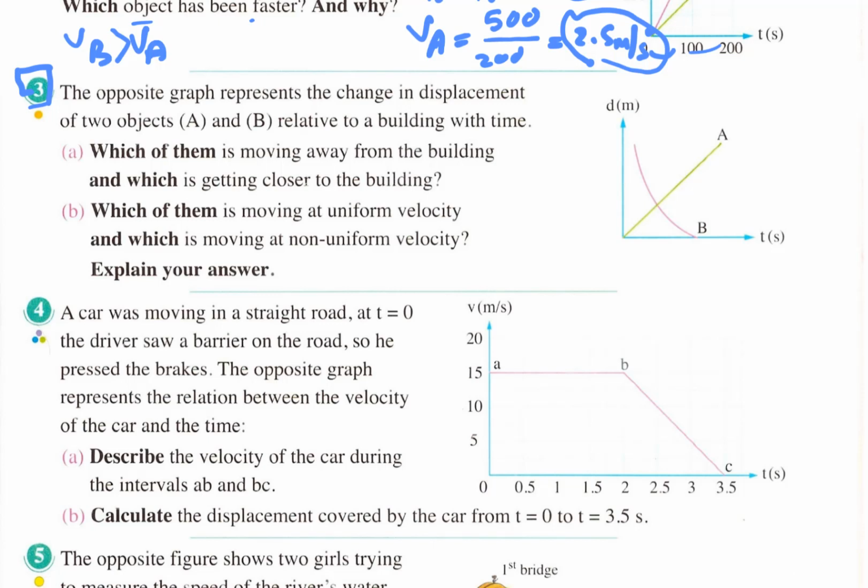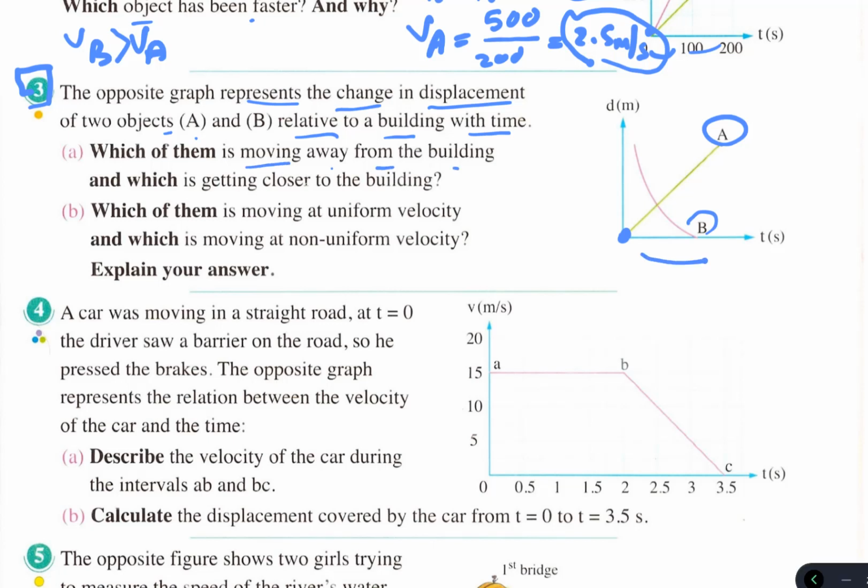The opposite graph represents the change in displacement of two objects A and B relative to the building with time. This is A and this is B. This is a building. Which of them is moving away from the building?